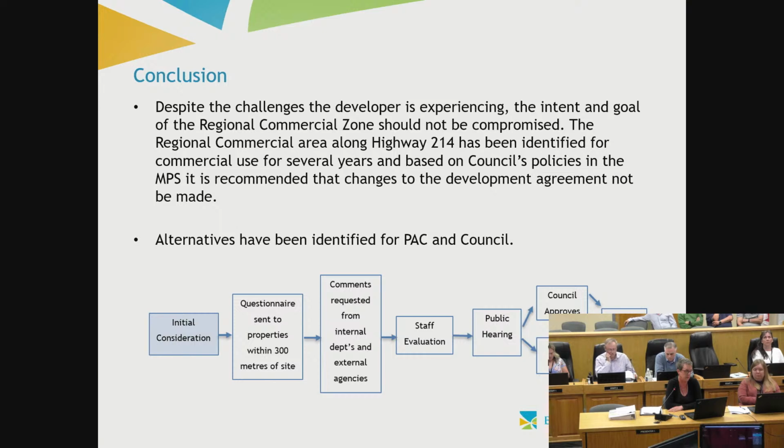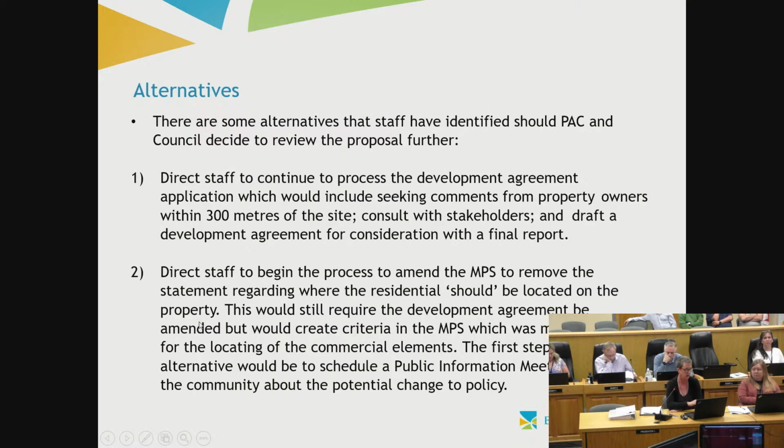However, alternatives have been identified for PAC and council, and you can see here on the diagram that we're at the initial consideration stage. So these are the alternatives that have been drafted. Number 1, direct staff to continue to process the development agreement application, which would include seeking comments from property owners, consulting with stakeholders, and drafting a development agreement for consideration with the final report.